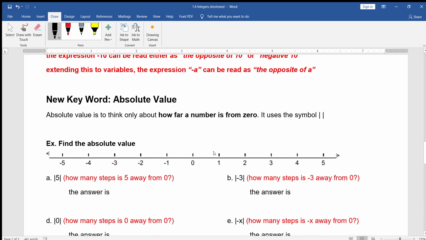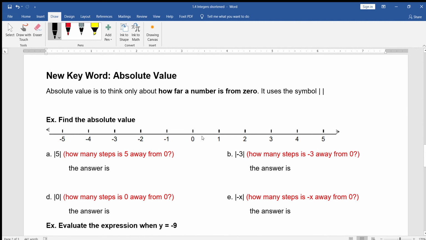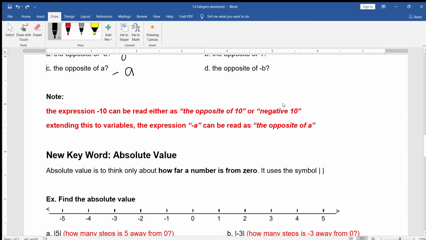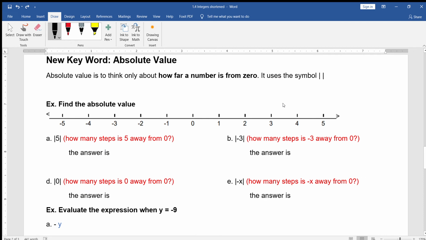Moving on to the last part of 1.4. What is the absolute value? Well, absolute value is how far a number is from 0, and it uses a symbol like that, a vertical bar. Anyway, find the absolute value. In this case, we have 5 right here.